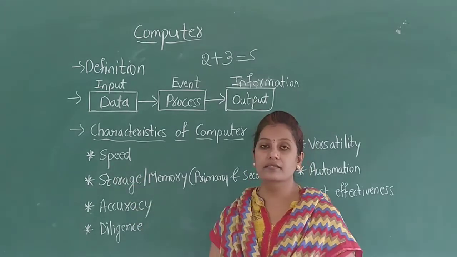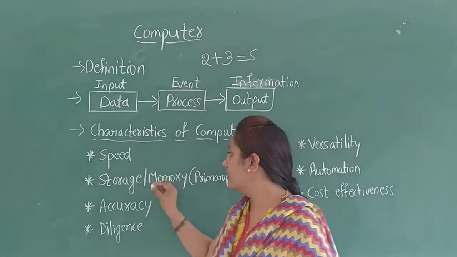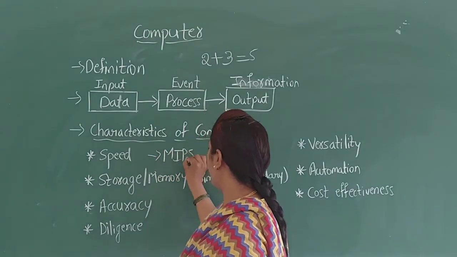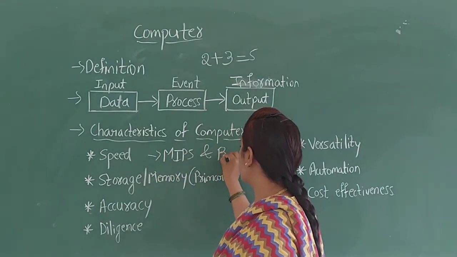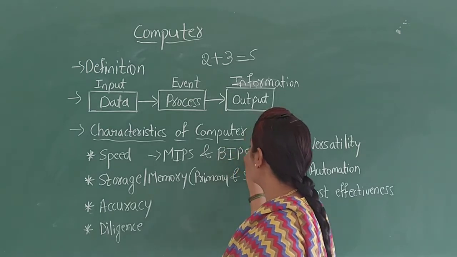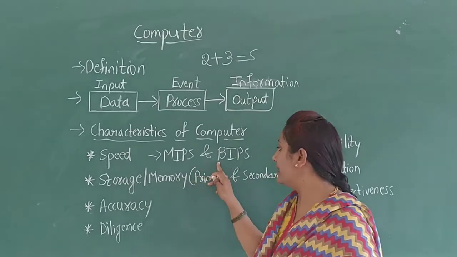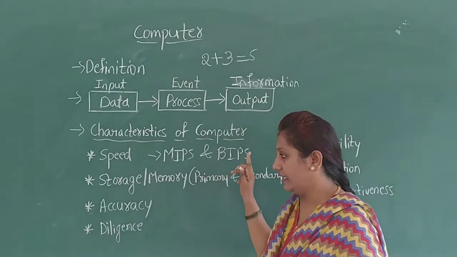Computer speed is measured in MIPS, million instructions per second, and BIPS, billion instructions per second.